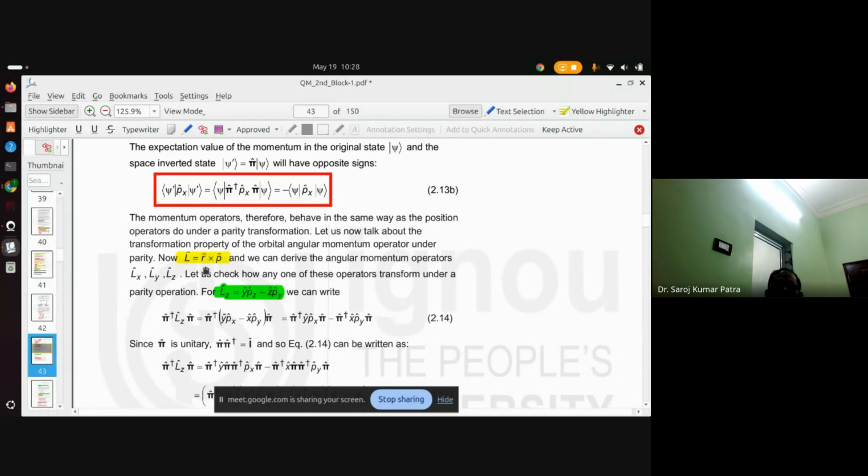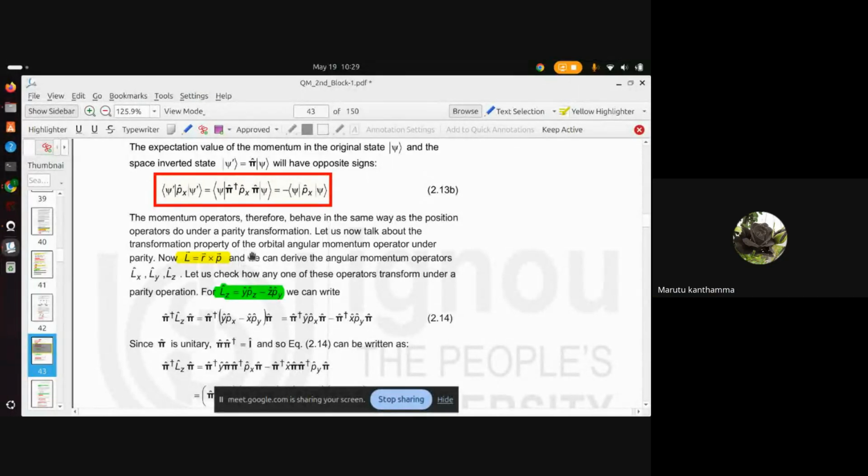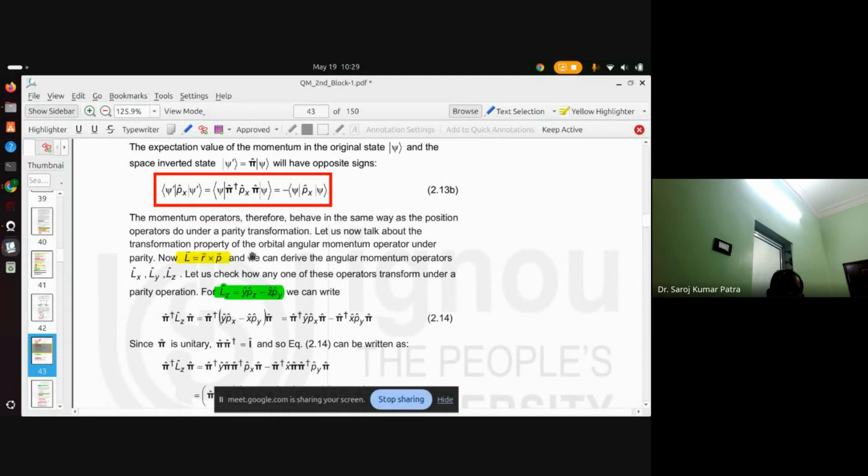Angular momentum को हम R cross P लिख सकते हैं ना, right? You can check maybe your classical mechanics. I think this is basics again, from maybe in BSc also you might have studied.